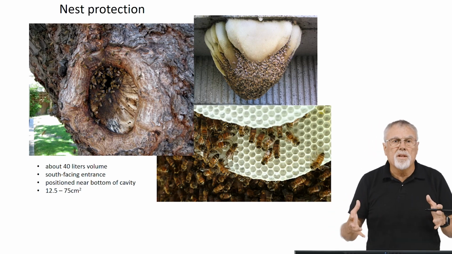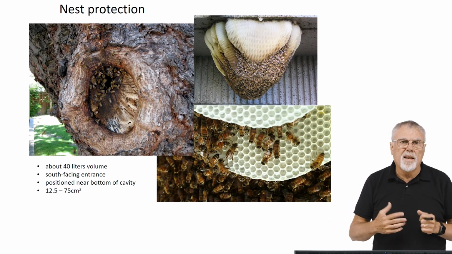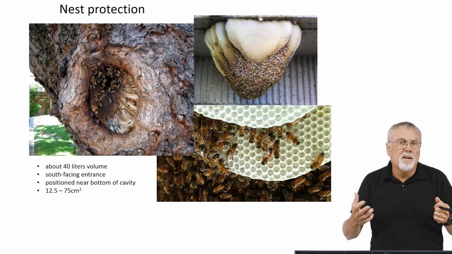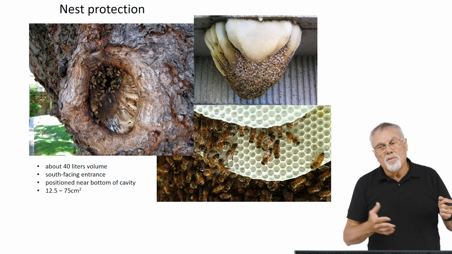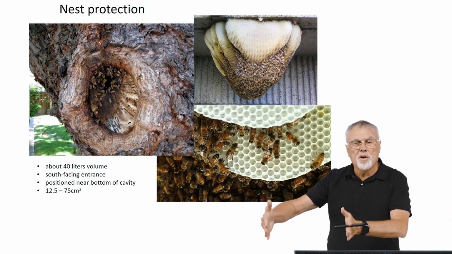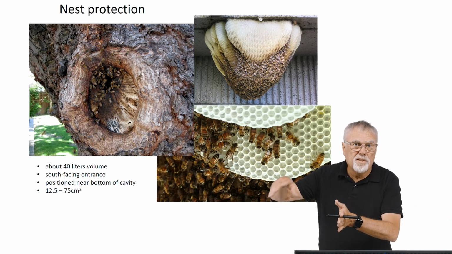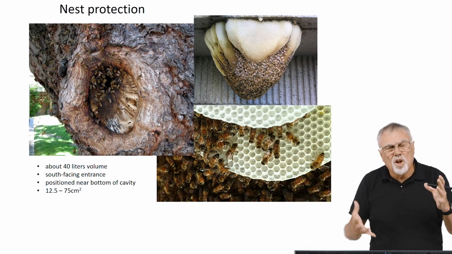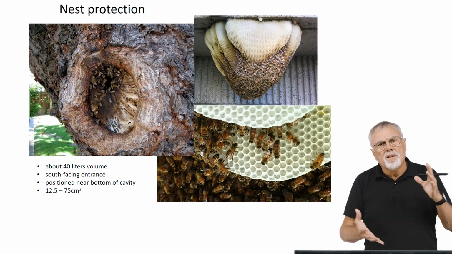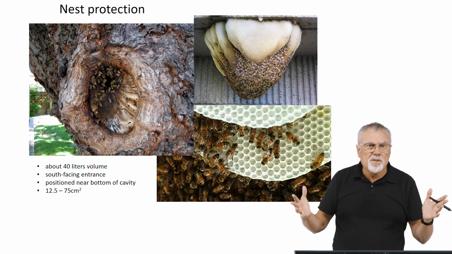Hollowed out trees are a place where you find lots of bees inhabiting. Your water meter box out in the front of your house is a good place for the Africanized bees to inhabit. They'll get inside of that. Anything that's enclosed, anything that gives them some way of defending it and gives protection from the elements.